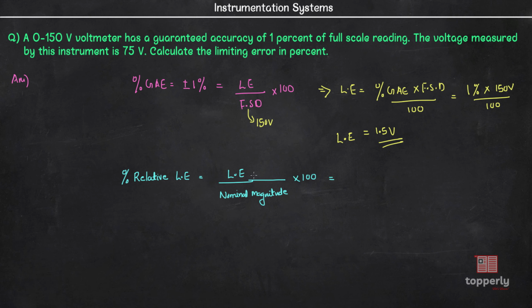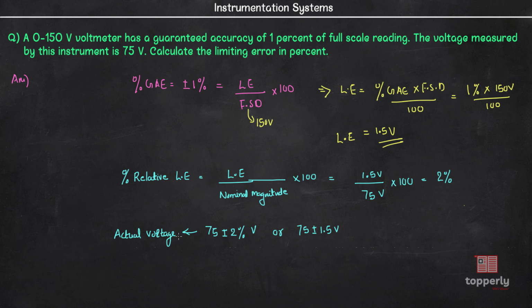We know that limiting error is equal to 1.5 volt. Therefore 1.5 volt by nominal magnitude of quantity, which is 75 volt, into 100, which is equal to 2%. So we can say that the voltage being measured is between the limits of 75 plus or minus 2% volt or 75 plus or minus 1.5 volt. This is the actual voltage.